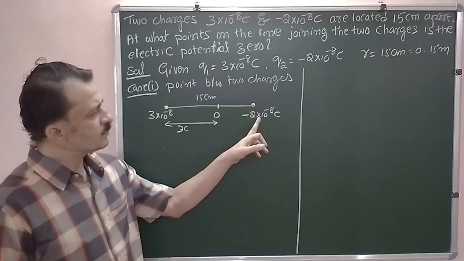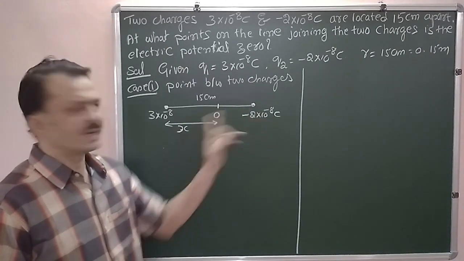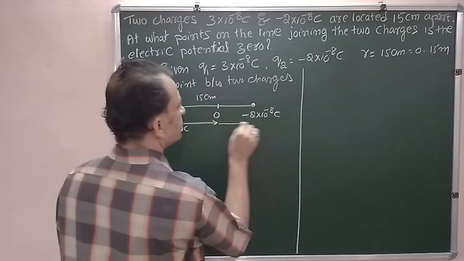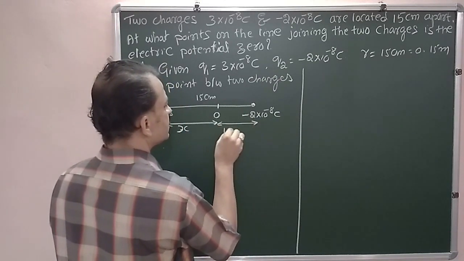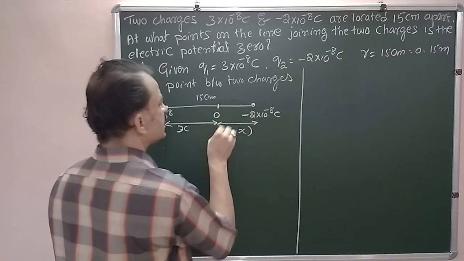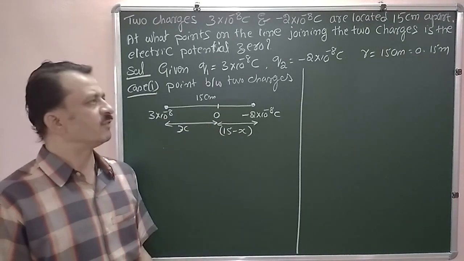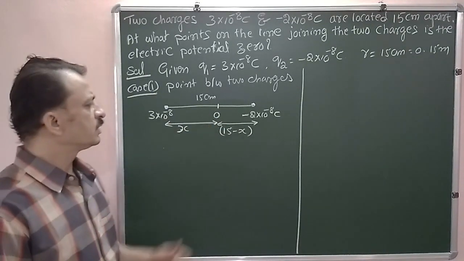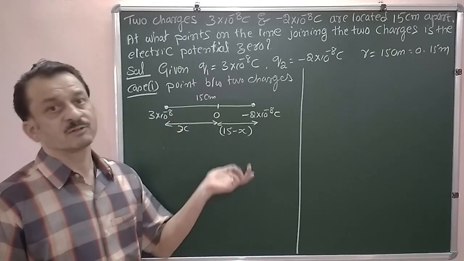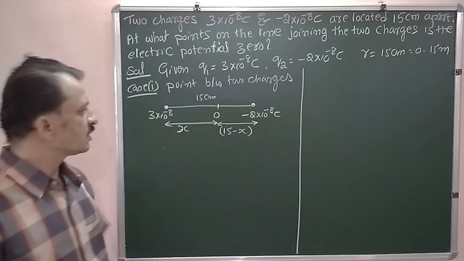Then what is the distance of the point from the negative charge? Obviously, it is 15 minus x. Let me calculate in centimeter itself. We are not supposed to convert it into meter; we will convert it in the final answer.